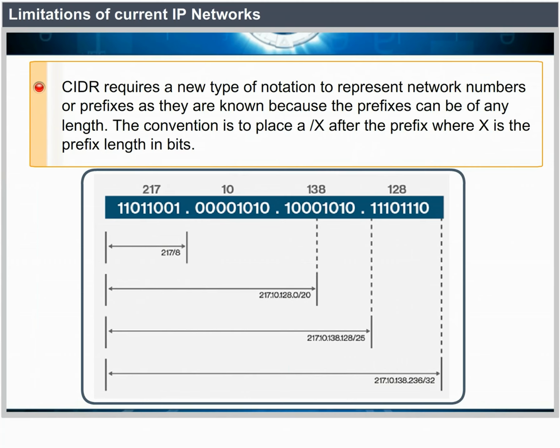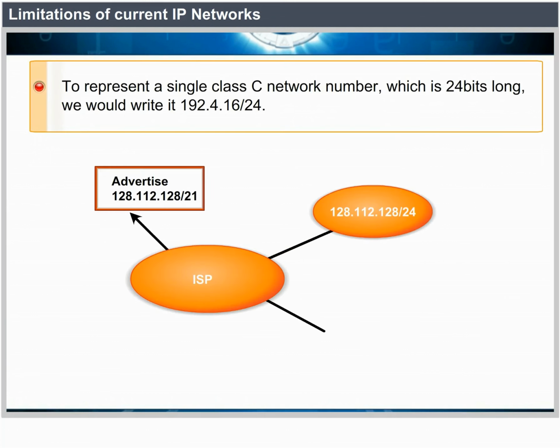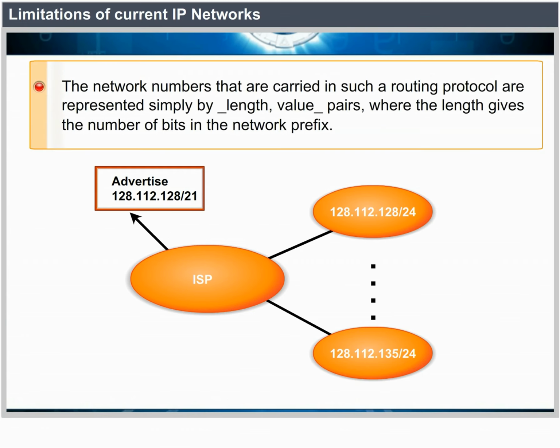To represent a single Class C network number, which is 24 bits long, we would write it as 192.4.16/24. The network numbers that are carried in such a routing protocol are represented simply by length, value pairs, where the length gives the number of bits in the network prefix.